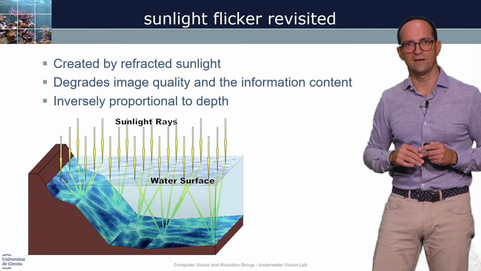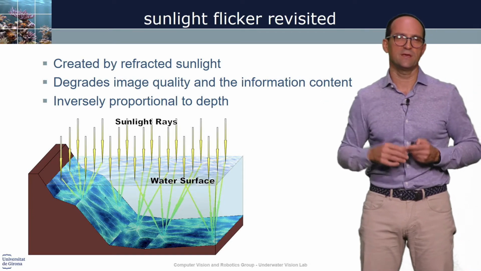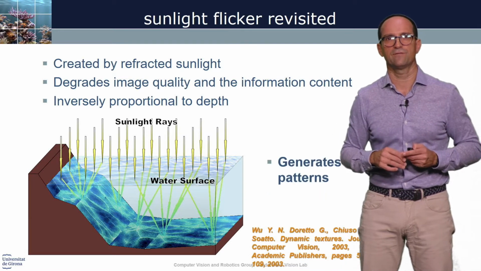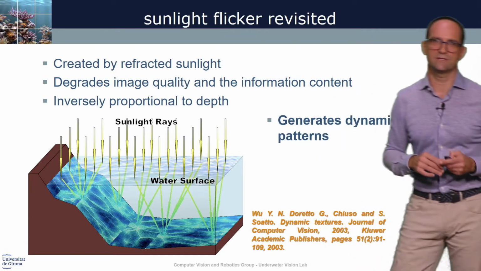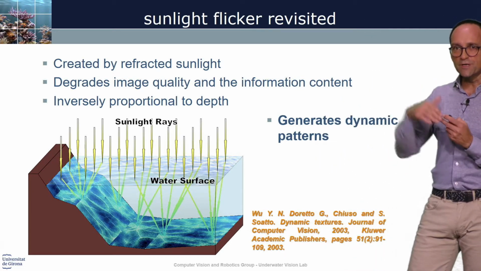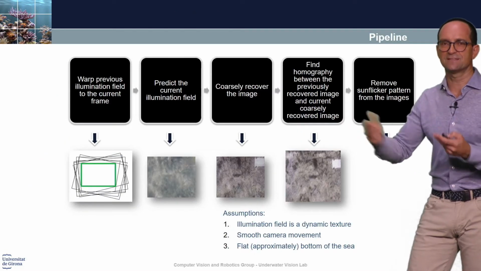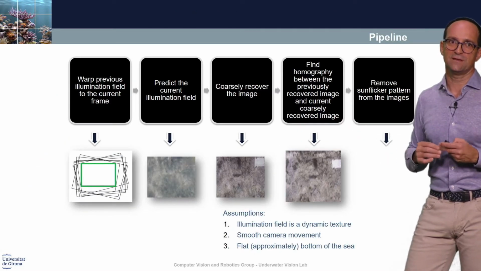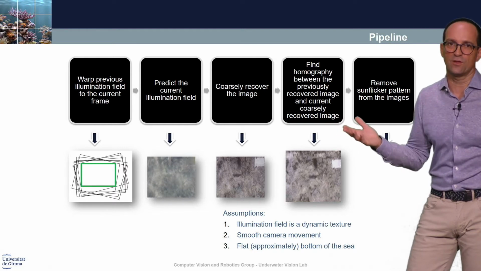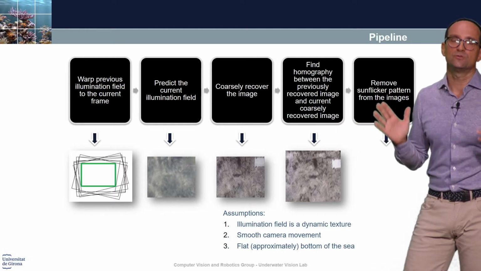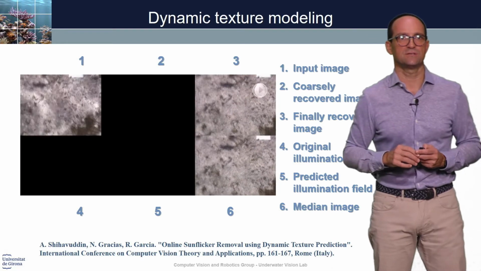And sometimes building the temporal median is difficult, so we have also been using something called dynamic textures to predict what the pattern of the light should be in the next frame. This is an example of how you need to adapt to every specific condition.